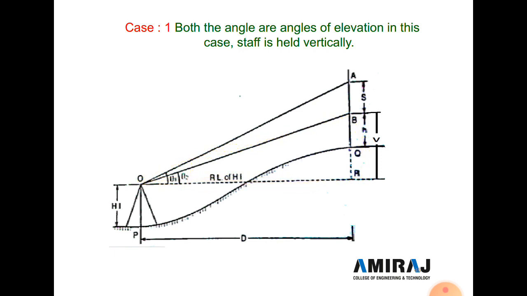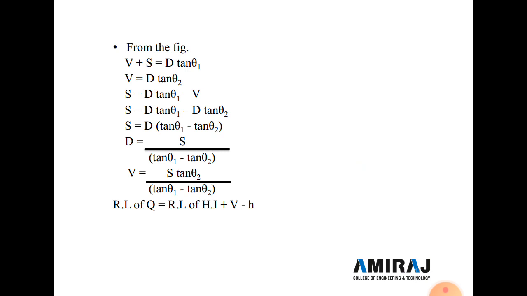Now apply tan theta 2. Tan theta 2 is equal to V divided by D, so V is equal to D tan theta 2. Now S is equal to D tan theta 1 minus V. Putting V equal to D tan theta 2, S is equal to D tan theta 1 minus D tan theta 2.